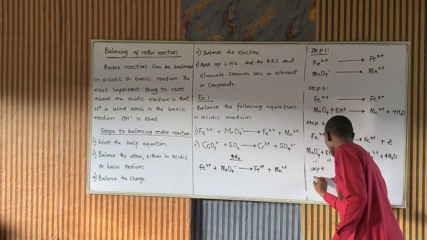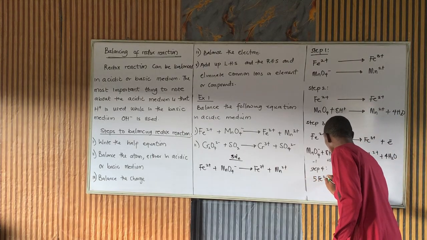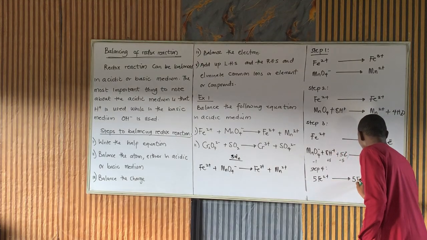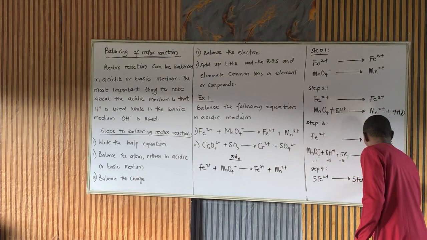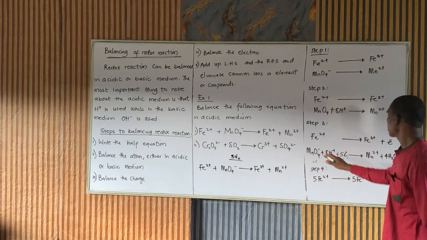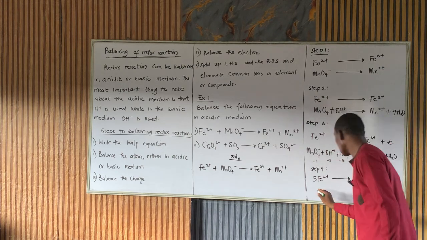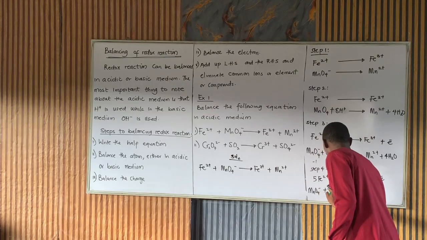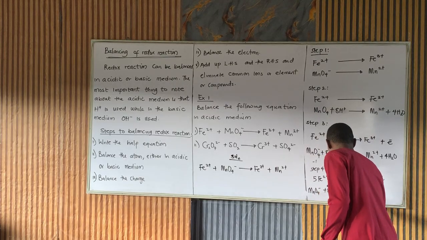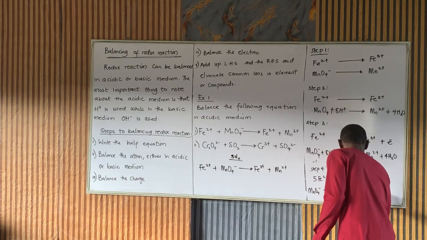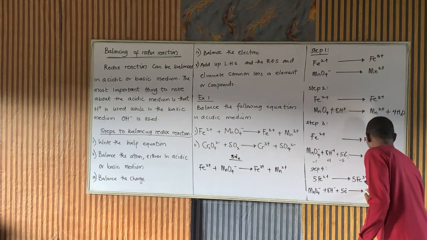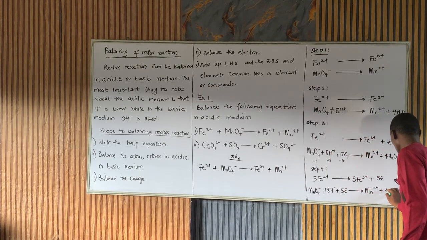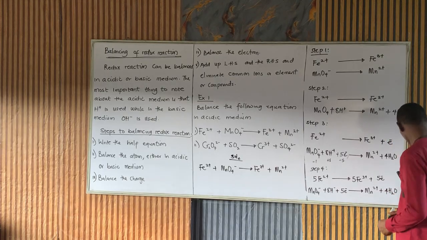That will be 5 Fe2 plus to give 5 Fe3 plus 5 electrons. Since here is already 5 electrons, you don't need to touch it. It remains like that. MnO4 minus plus 8 hydrogen ions plus 5 electrons to give Mn2 plus 4 molecules of water, and that's all.